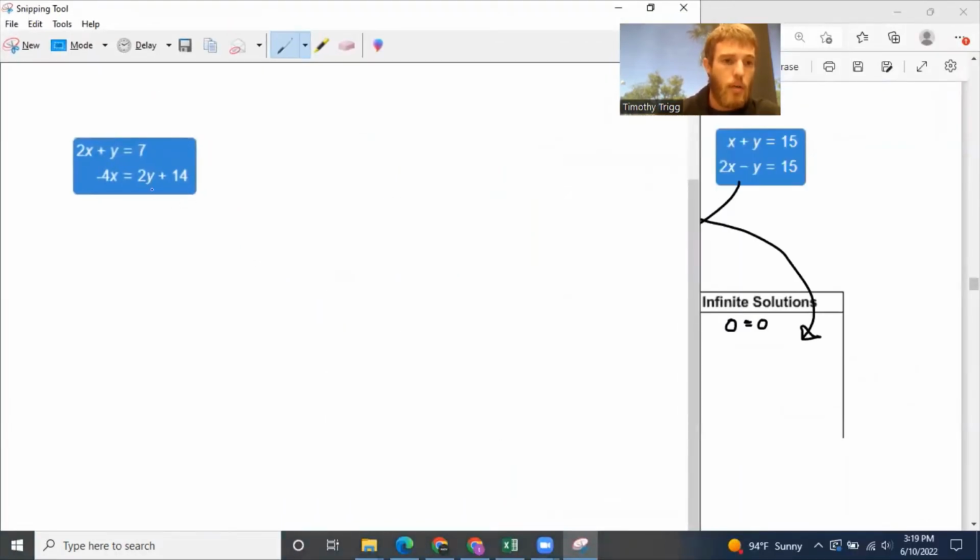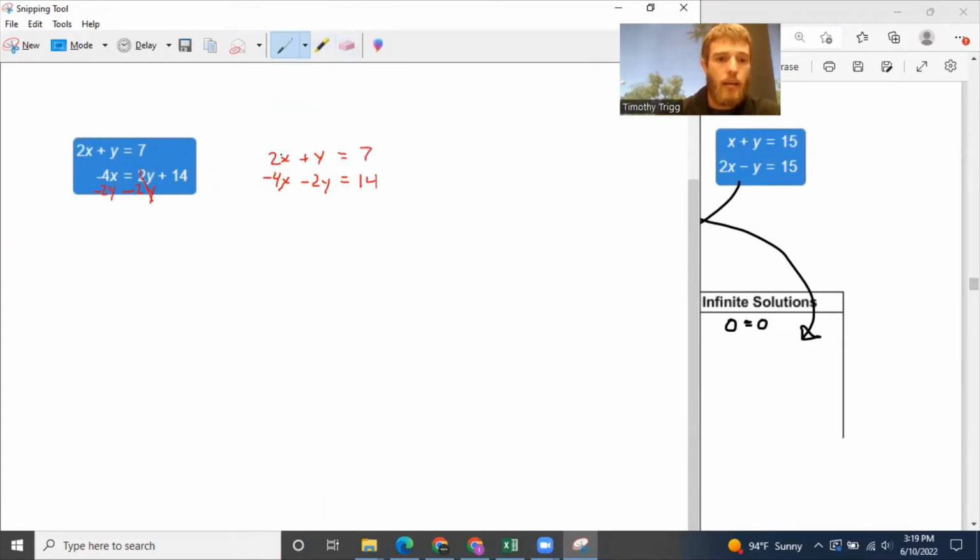Okay, so here I notice my x's, y's, and stuff are not lined up. So what I can do is maybe subtract 2y on both sides of this bottom equation. And that way I get my y's together on the left side here of this bottom equation. So the bottom equation will now read negative 4x minus 2y equals 14. Meanwhile, the top equation, 2x plus y, is 7.